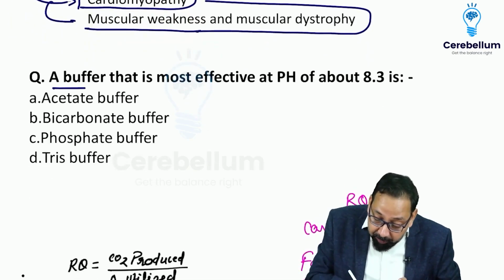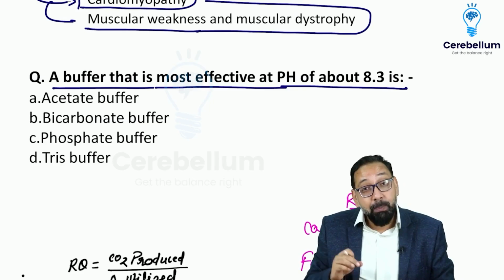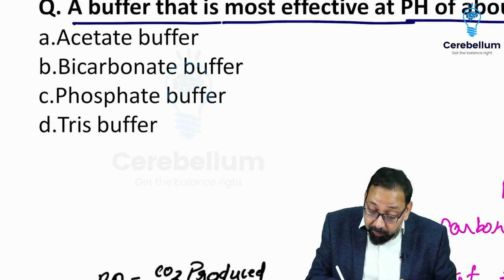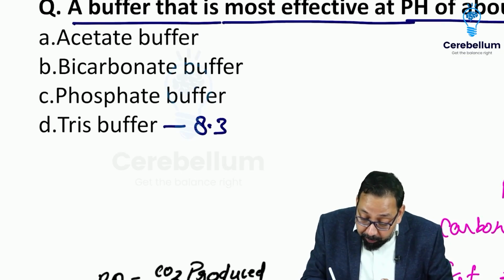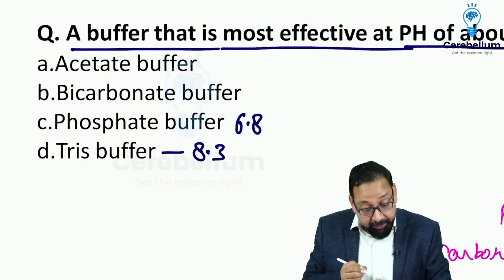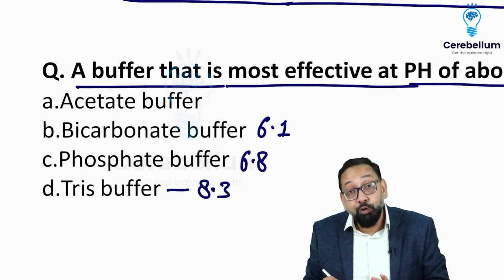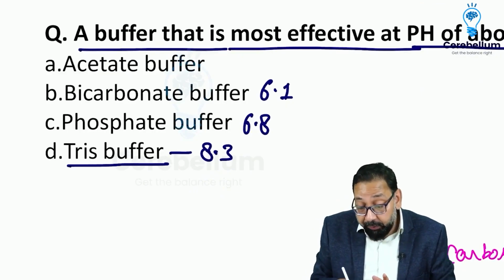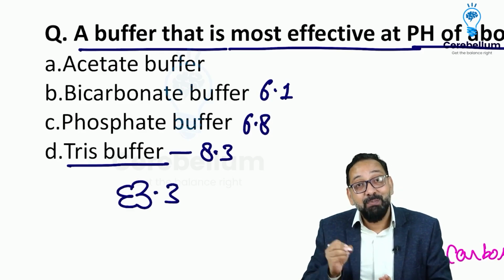A question is asked: a buffer that is most effective at pH 8.3. You will make a mnemonic that this buffer is most effective at 8.3 pH. Phosphate buffer is most effective at 6.8. Bicarbonate is most effective at 6.1. How will you remember this? If I write 3 times 3, first 3, second 3, third 3, 8.3.